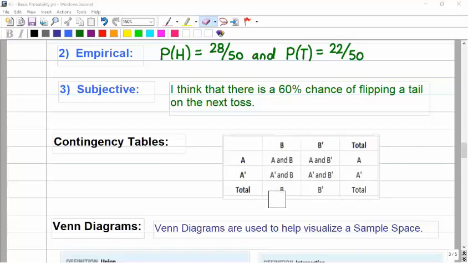Now the totals: the total would be how many B's there were in the first column, how many B primes in the second column, how many A's in the first row, how many A primes in the second row. And this adds up to the grand total of however many items you had. We'll see these written as whole numbers, and then all we have to do to convert them to probabilities is divide by the entire total. Let me write an example of the and idea.